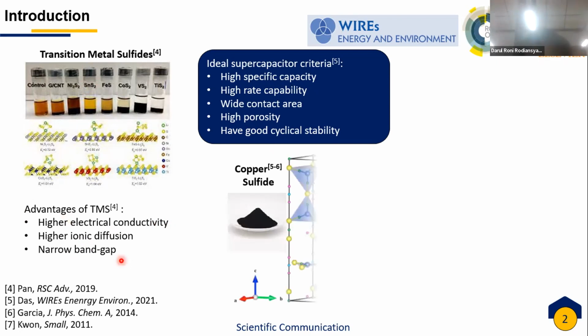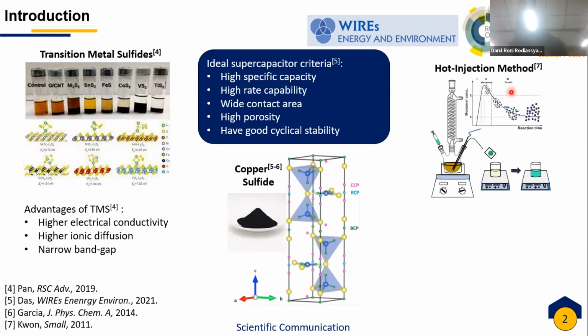One of the interesting materials to study is copper sulfide. From its structure and shape, copper sulfide has good ionic diffusion, high chemical stability, low price, abundant availability, and high theoretical capacitance. The method used also determines the performance of the resulting supercapacitors.